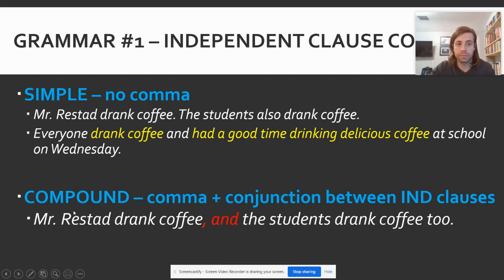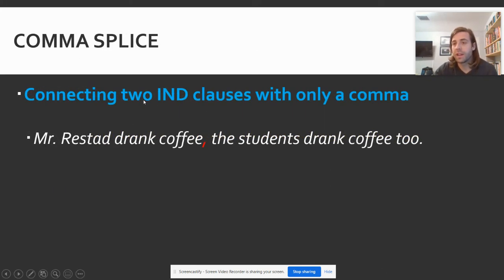Compare that to this one. Mr. Restad drank coffee, comma, and the students drank coffee. Mr. Restad drank, the students drank coffee. That's where I would be using my comma rule and my coordinating conjunction. It needs both. It can't just be the comma, can't just be the coordinating conjunction. In fact, you've probably heard this term before, is connecting 2 independent clauses with only a comma is a grammatical no-no, right?